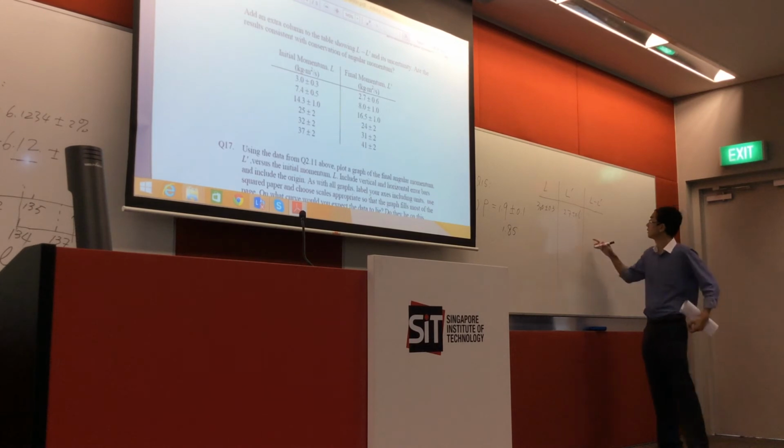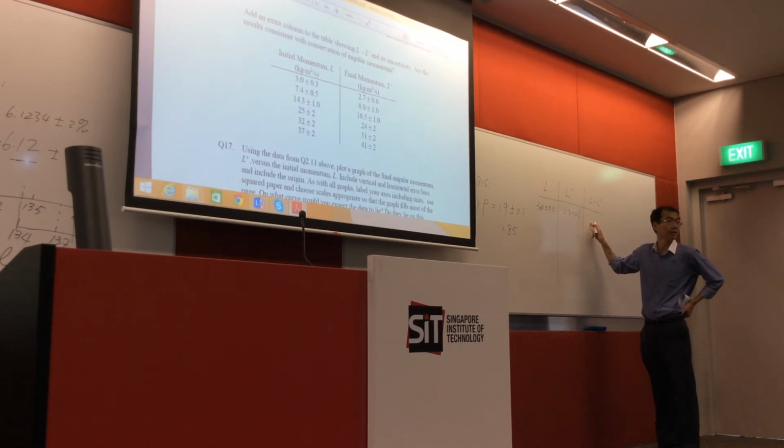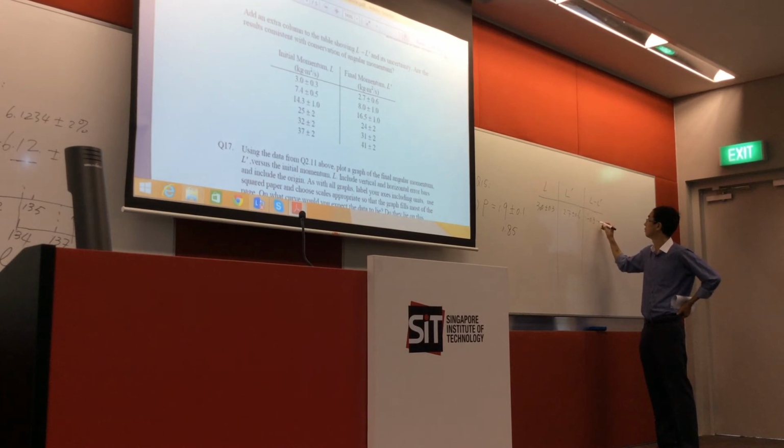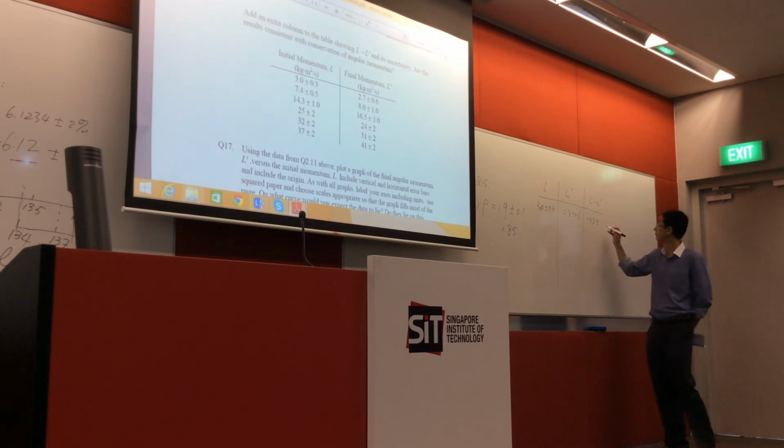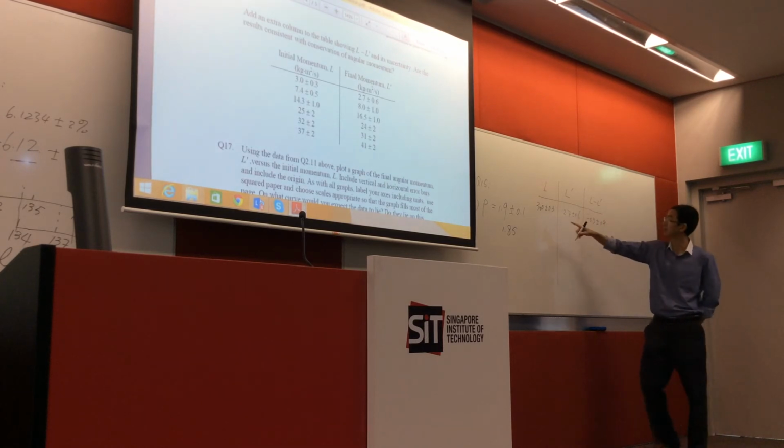So what will be the result here? L minus L prime will be minus 0.3 plus minus... what? 0.9, right? 0.9. Because the uncertainties you need to add.